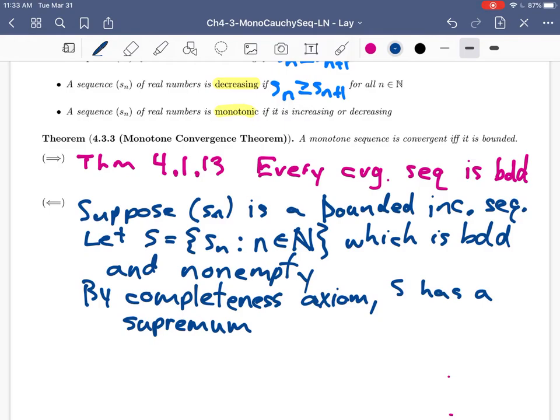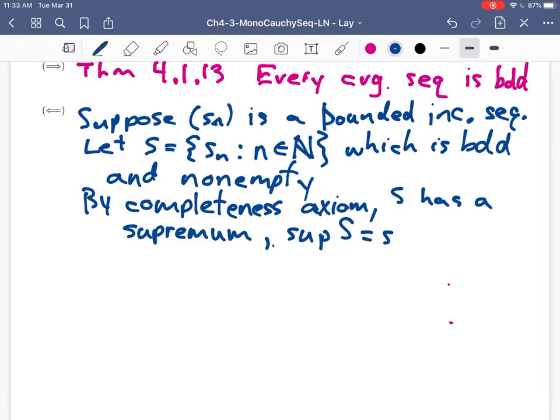Right, so our set has a supremum. So let's say that the supremum is equal to S. And so our claim is that our sequence is going to converge to that value.